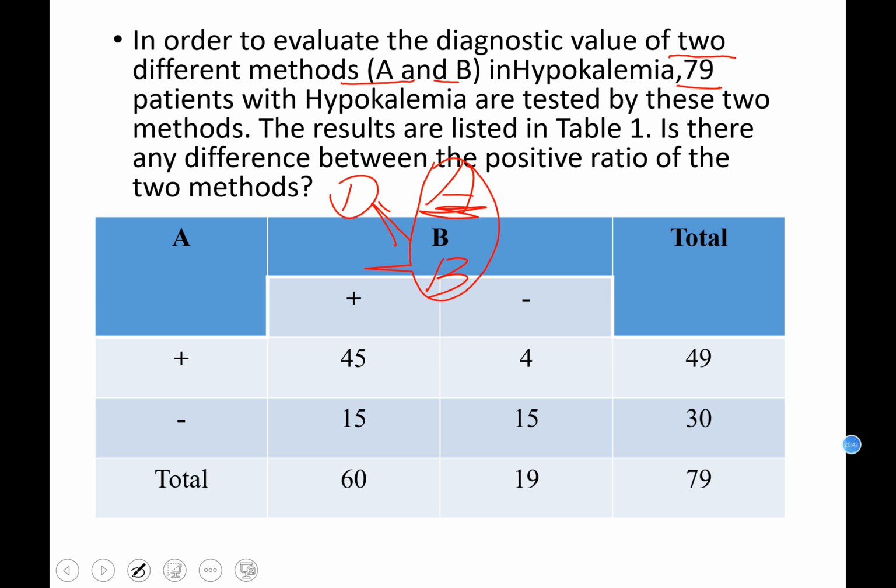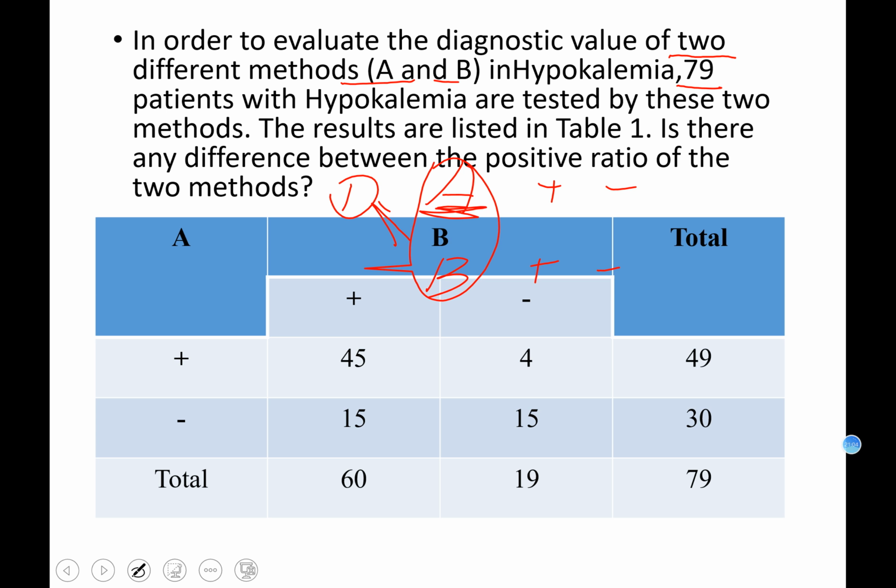The results are positive or negative. So for each method, the results can be positive and negative, so there are 4 combinations for each person.